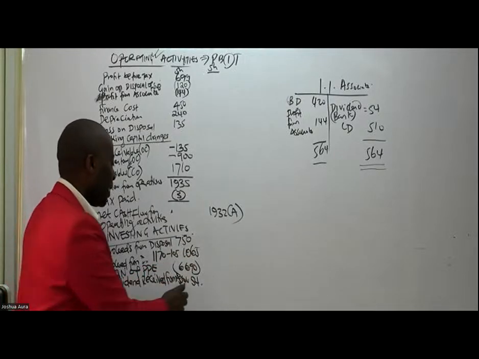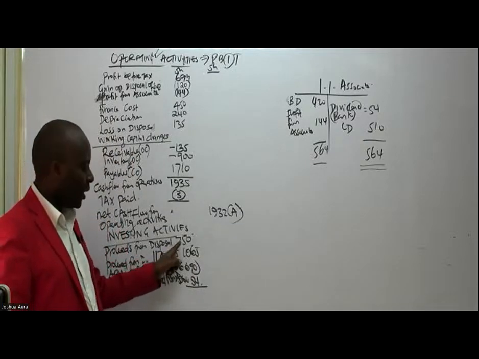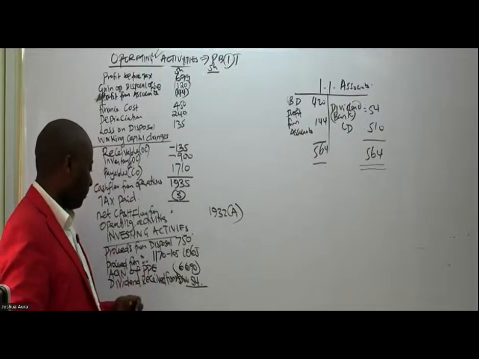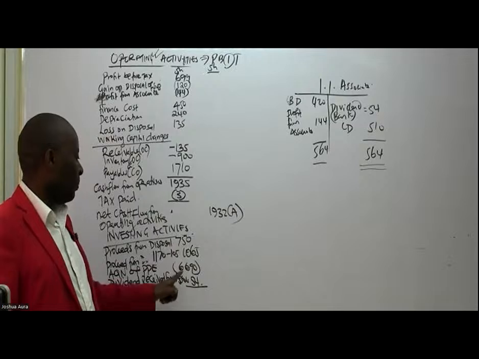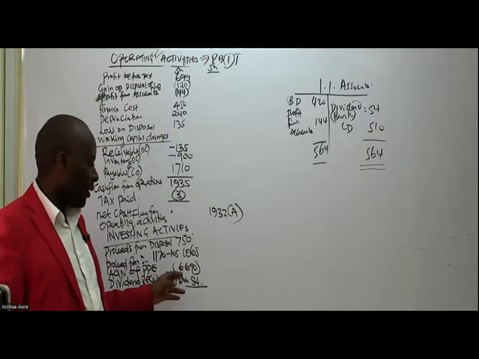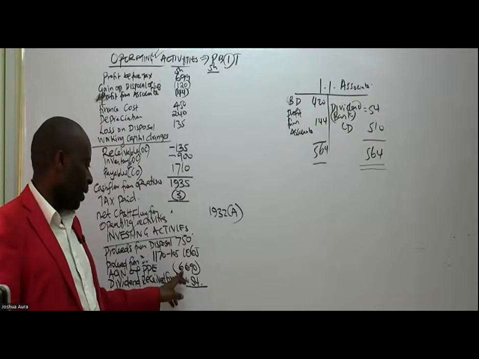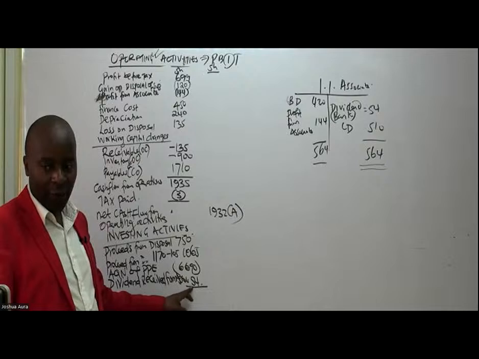So could you kindly, if you have exhausted all of them, give me the total here? Give me the total of the 4 items. So 750 plus this 1065, minus 6690, and then plus 54.